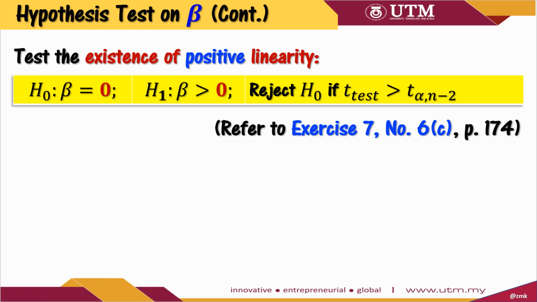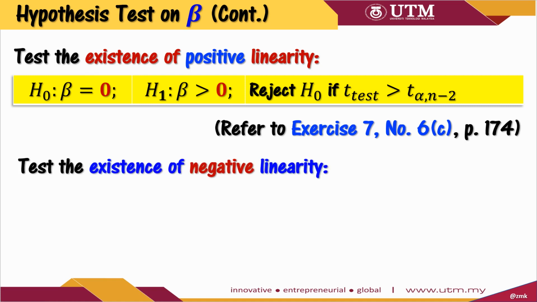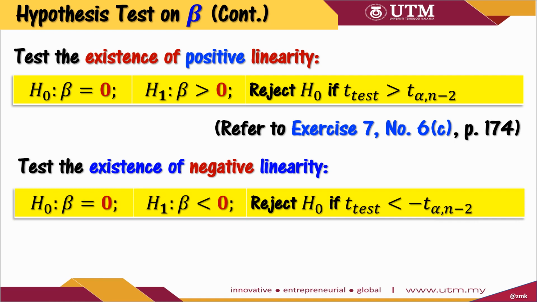You may also want to test the existence of negative linearity. Again, you only have one option, that is to use a t-test approach in performing this statistical test. In this case, under H0, beta is at least 0 or simply equal to 0, whereas under H1, beta is less than 0, indicating a left-sided alternative hypothesis test.